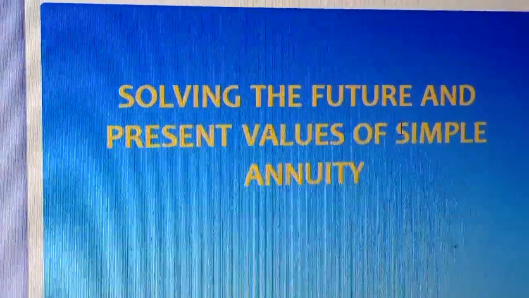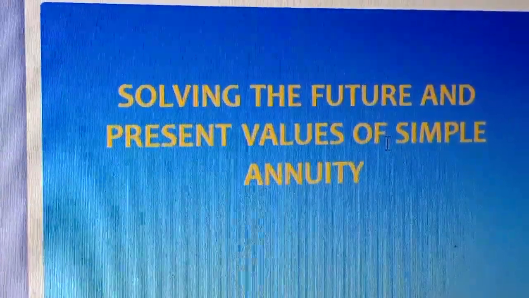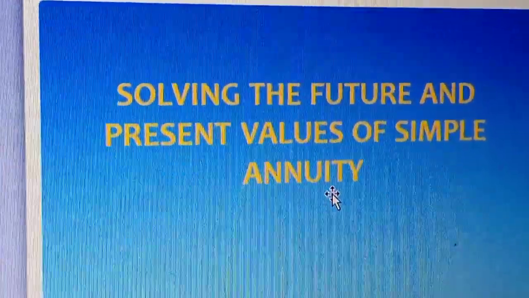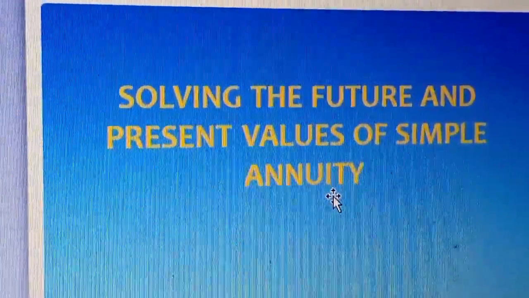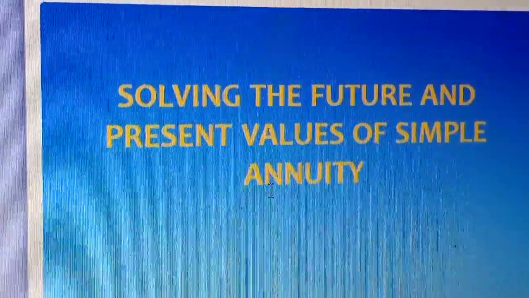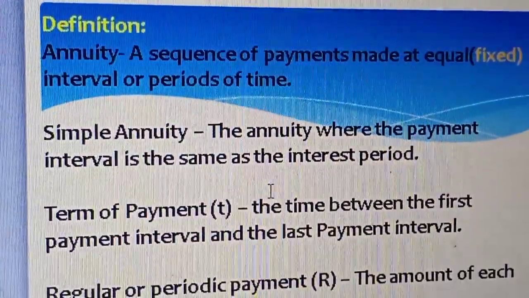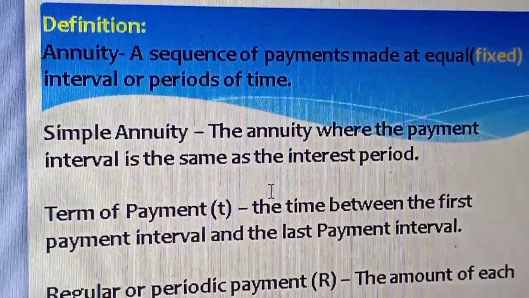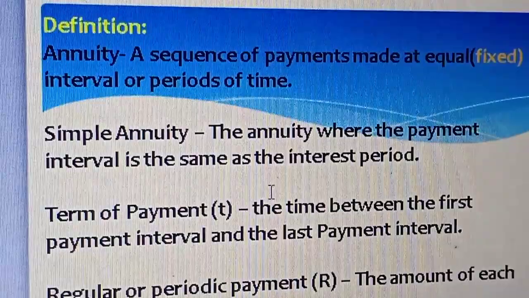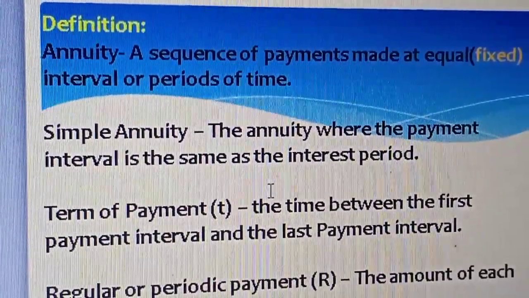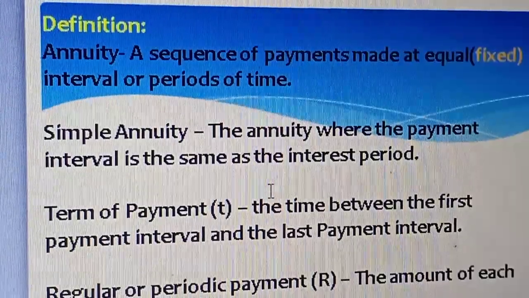And today in this vlog, we are going to discuss the future and present values of simple annuity. Okay, let's go to some definitions first. We will define annuity as a sequence of payments made at equal or fixed intervals or periods of time.